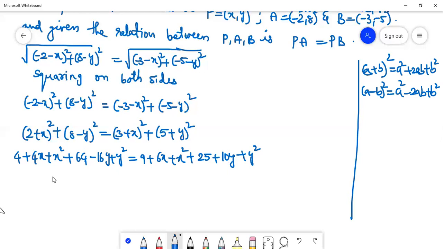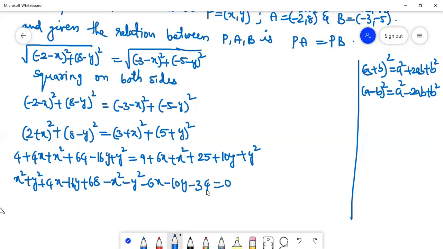Taking all terms to the left side, then it becomes, first write the x square plus y square plus 4x minus 16y plus 68 minus x square minus y square minus 6x minus 10y, minus 9 plus 25 is 34, minus 34 equal to 0.